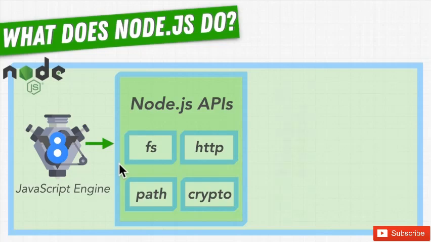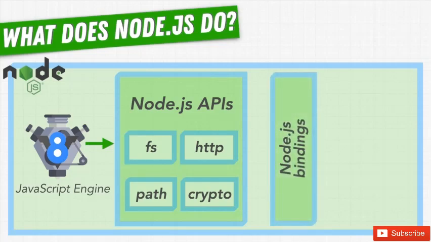And that's where these Node.js bindings come in. These bindings are what lets your JavaScript code call functionality that's implemented in C and C++, which have things like really highly optimized and tested code to encrypt your data, or to make calls to your file system, reading and writing files regardless of which operating system you're on.